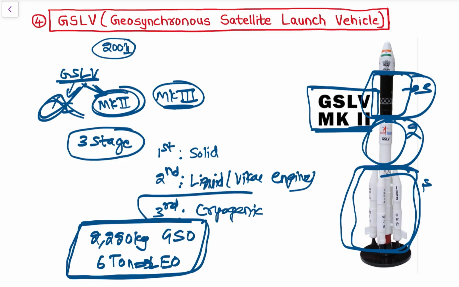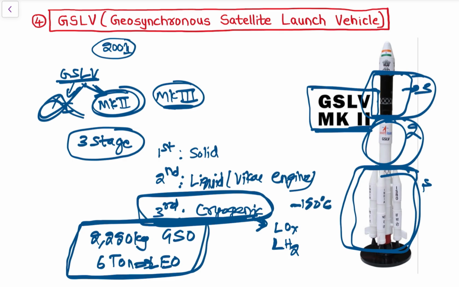Now what is a cryogenic engine? What is cryogenic? We will also study that while studying the notes. Basically, in cryogenic we use liquid oxygen and liquid hydrogen. Cryogenic engines are very good, but it is very difficult to develop them because we need very low temperatures, minus 150 degrees Celsius, or minus 200, minus 250 degrees Celsius, to maintain these cryogenic fluids, that is liquid oxygen and liquid hydrogen.